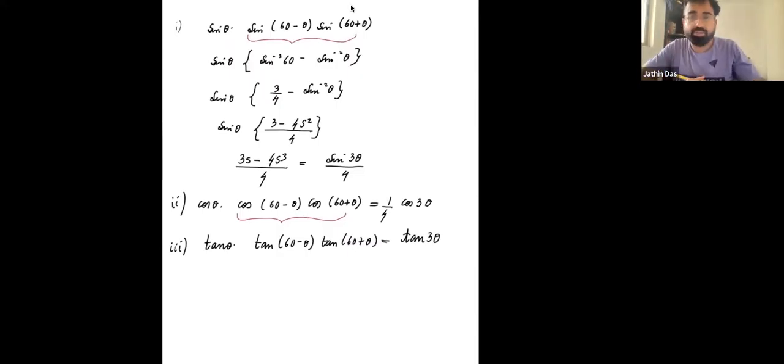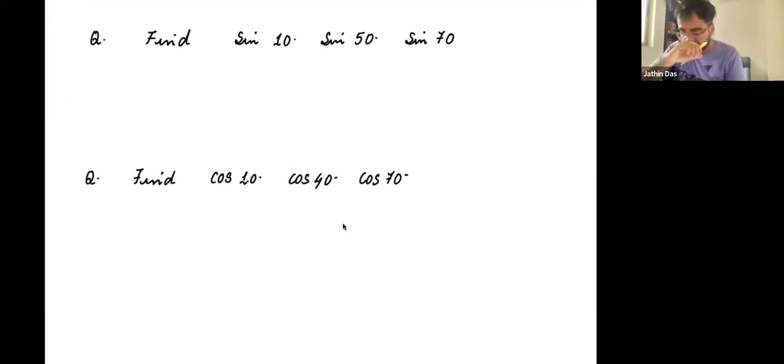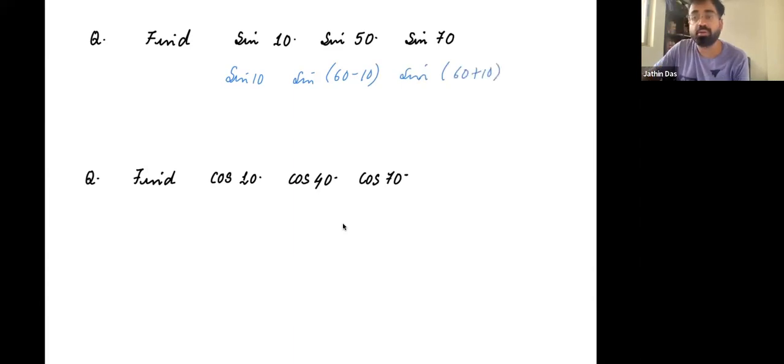First, we'll do a simple application. Can you see it is related to this formula only? Sine 10 into sine 60 minus 10 into sine 60 plus 10. So basically that is 1 by 4 sine 3 theta.